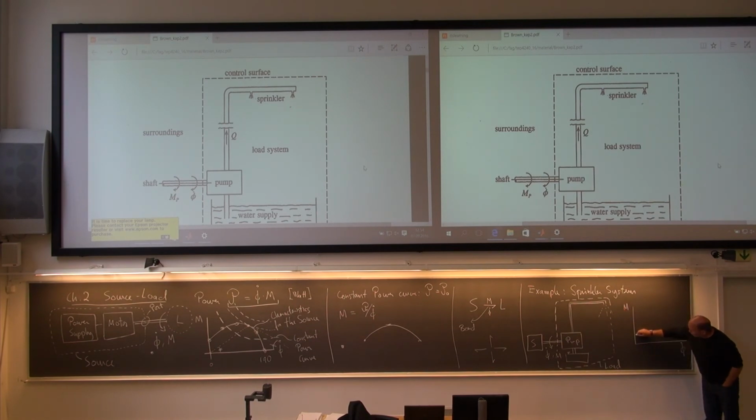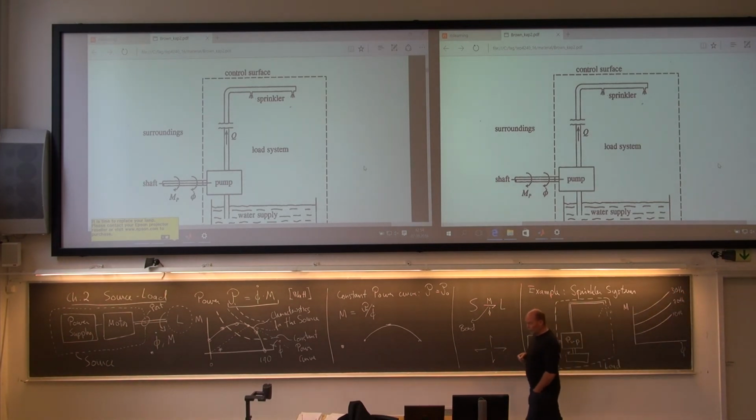So the book operates with 10th, 20th and 30th floor. 10th, 20th, 30th floor. So it's a very tall building, hotel or something. So that is actually the load that is required.